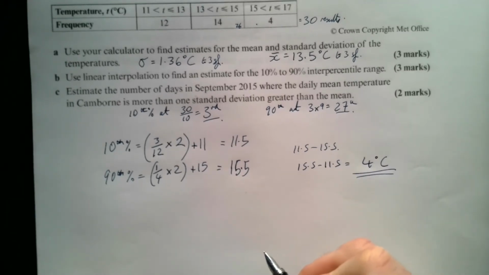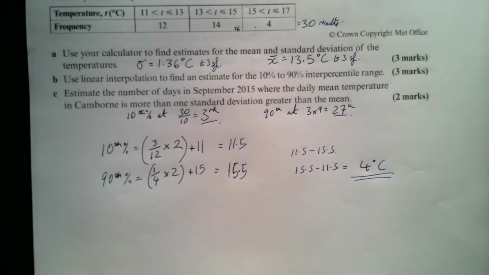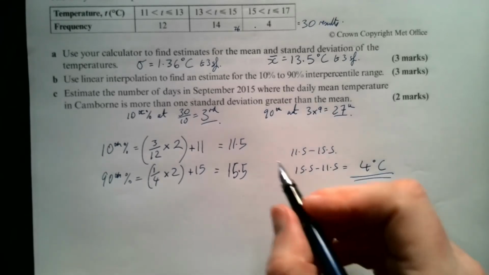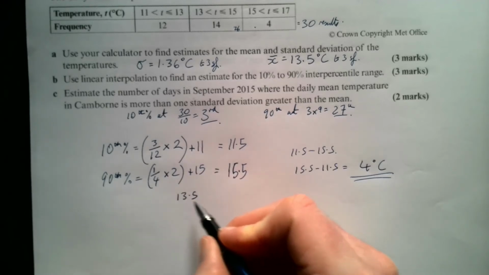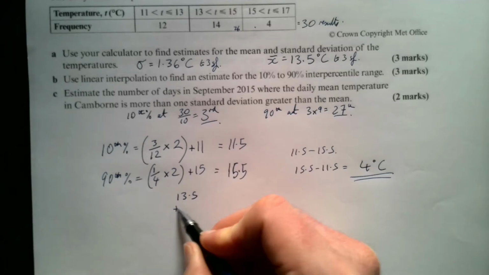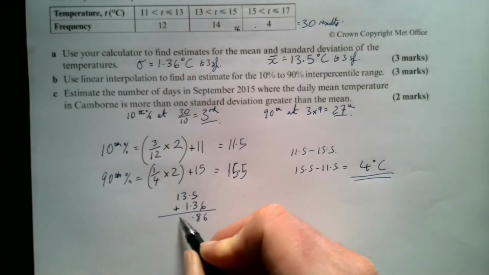Finally, we need to estimate the number of days in September where the daily mean temperature is more than 1 standard deviation greater than the mean. So 1 standard deviation greater than the mean would be 13.5, which is the mean, plus 1.36 as our standard deviation.